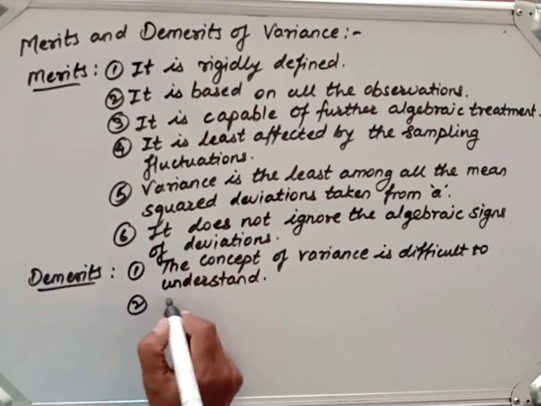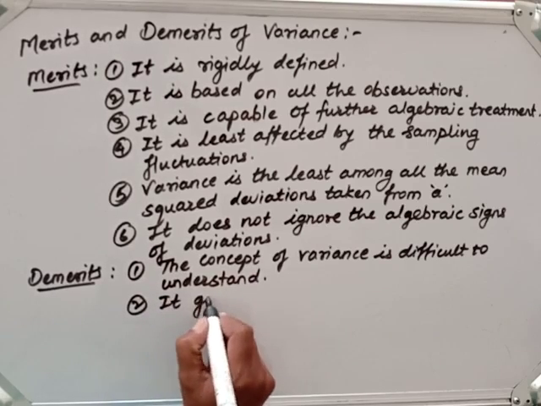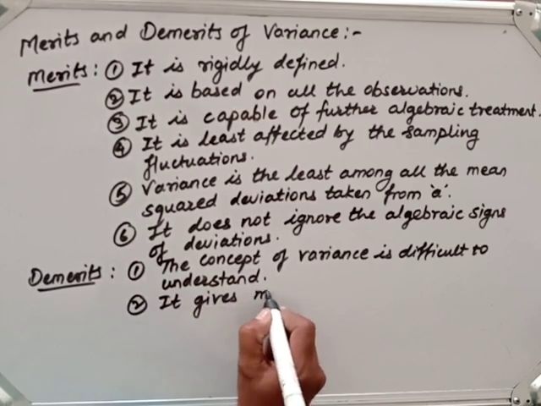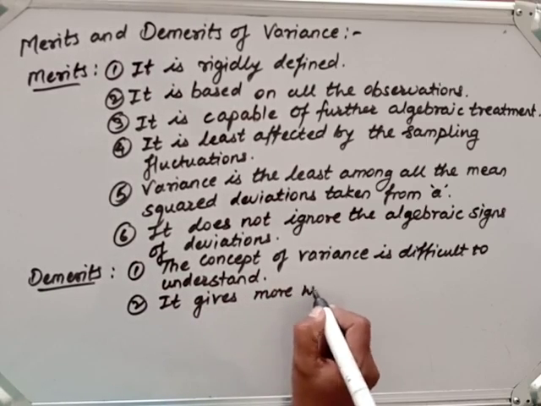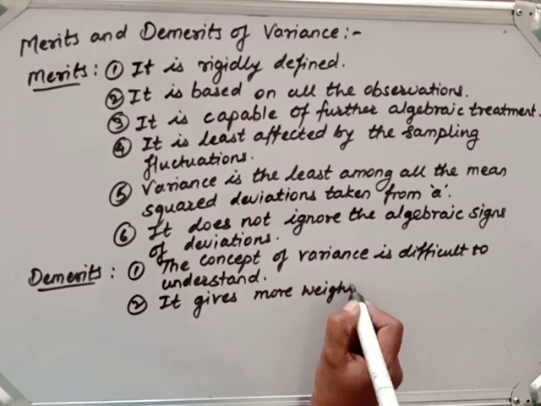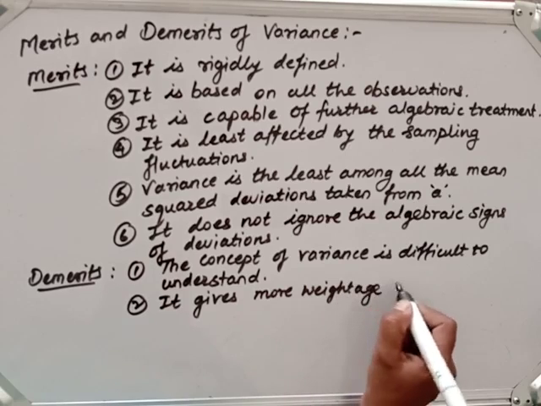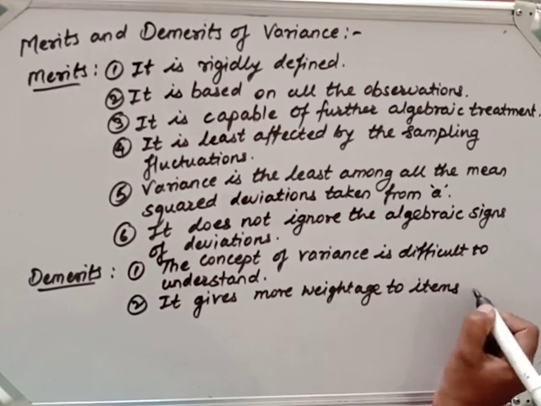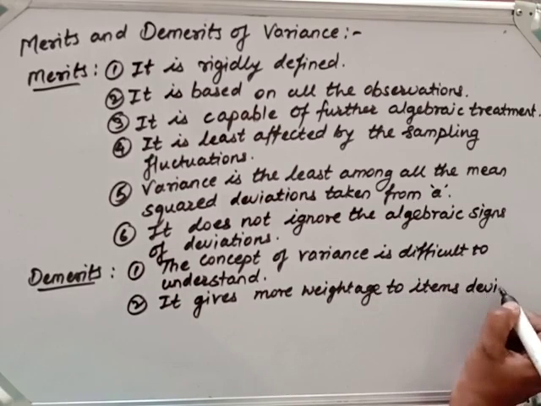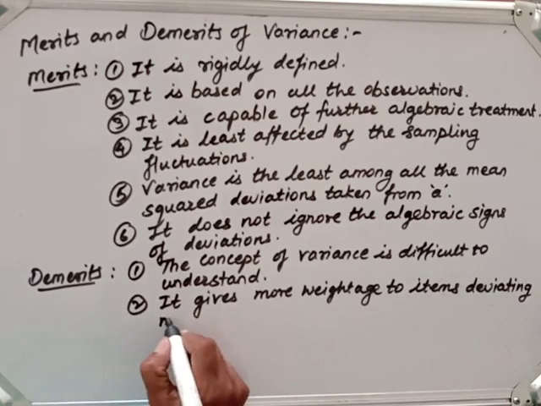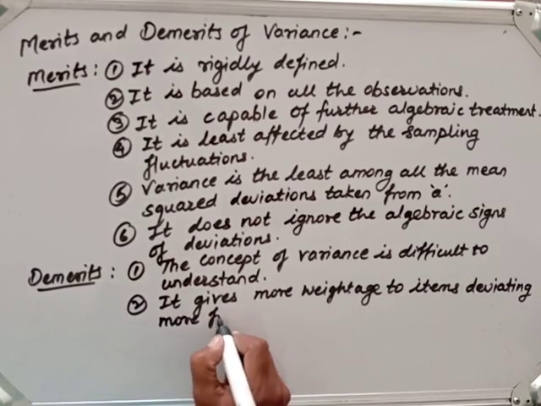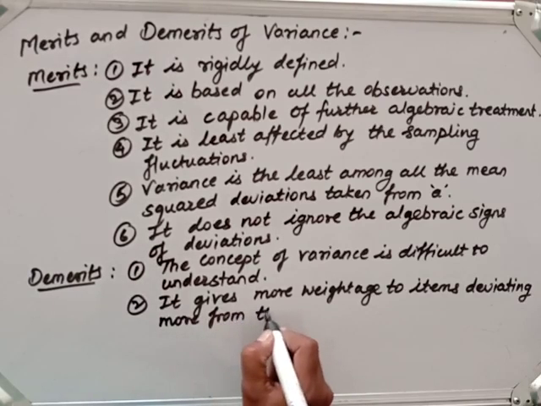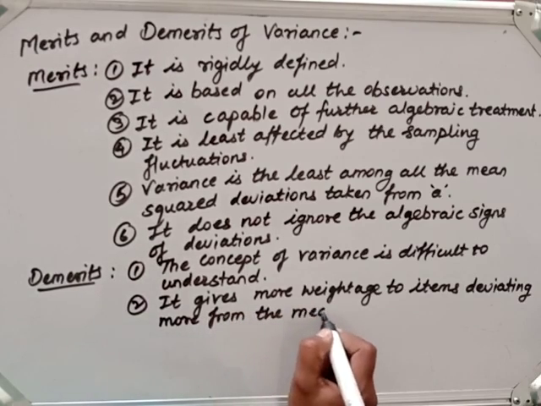Now, second one, it gives more weightage to items deviating more from the mean.